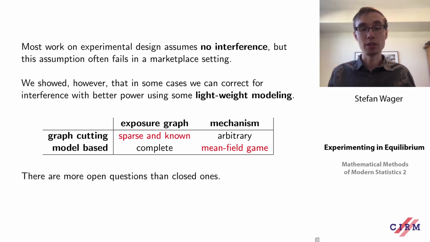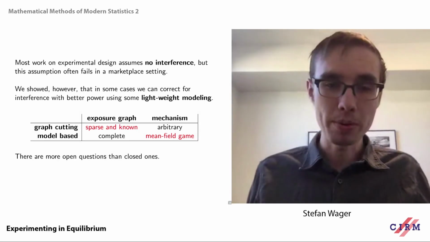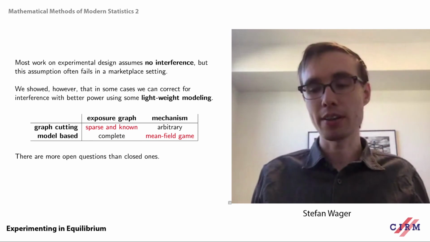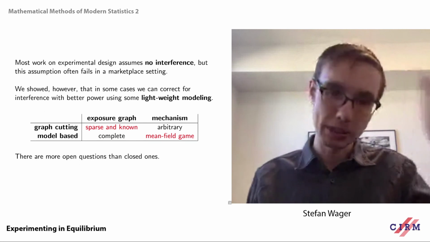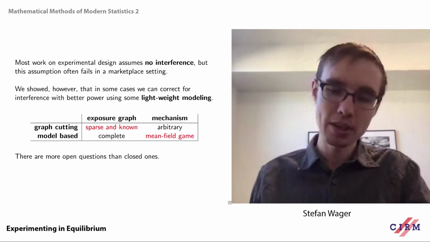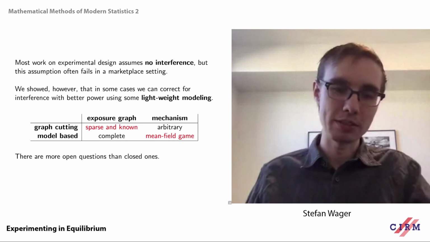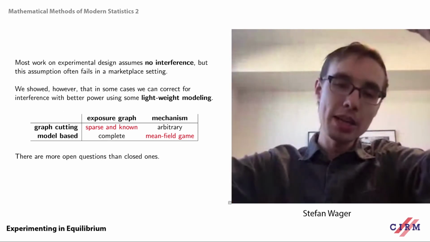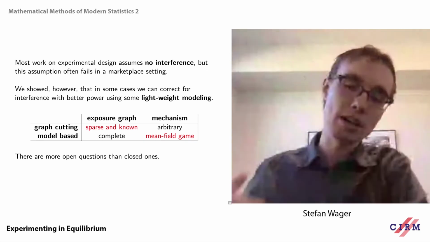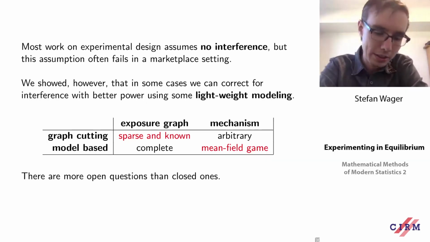So the problem I talked about today is one problem with interference. That is the problem where you want to run an experiment, but if you intervene on one person and pay that person more, that's going to affect others too, because if the one person gets paid more, they're more likely to work, which is more likely to consume demand, which is a shared resource, and that leaves less demand for the others.